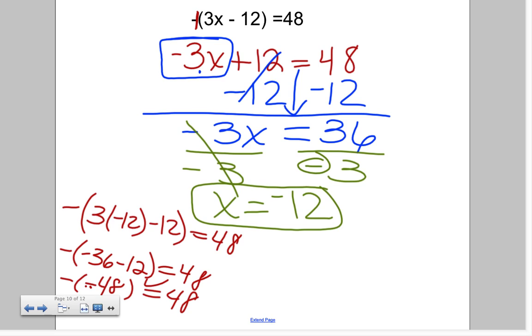You can, as long as you got negative 48 in the parentheses. Don't forget those signs. Because if you made this positive 36, you see how your check wouldn't check out. You'd be at 24. Not close to negative 48. Okay, very far apart.